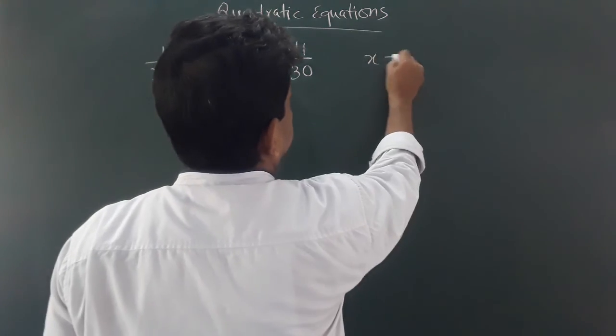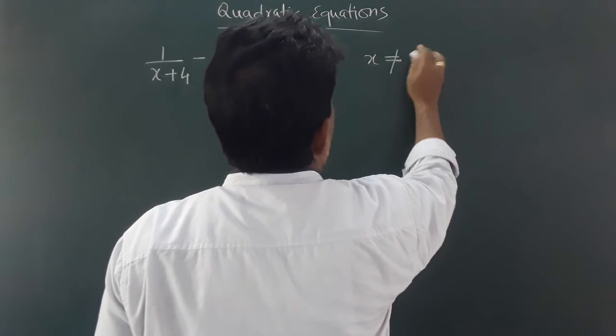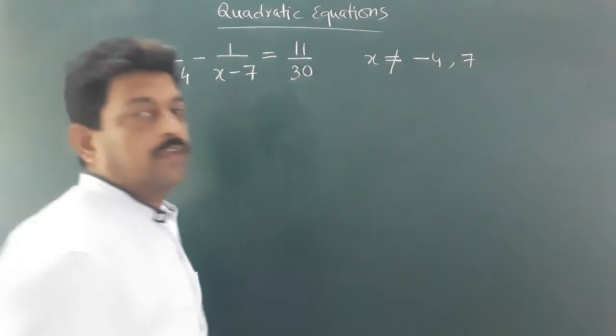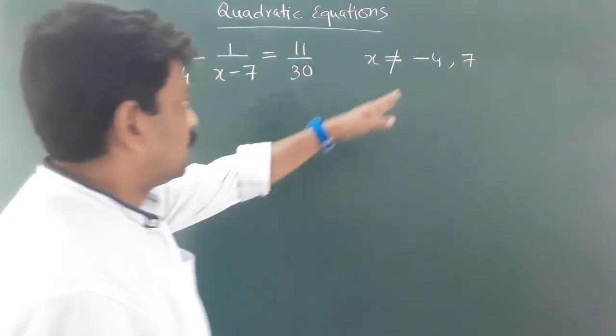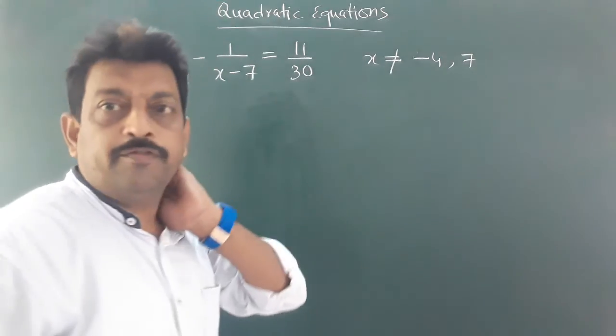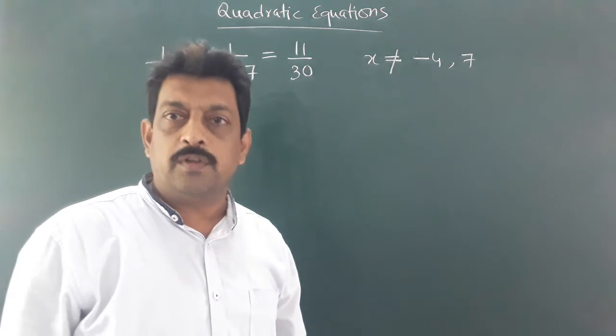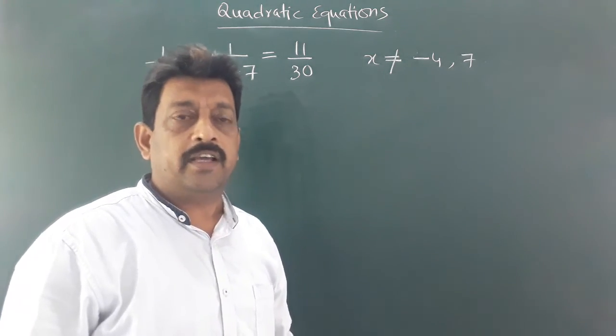Here the condition is x not equal to minus 4 and x not equal to 7. So here we have to find the roots of the quadratic equation. Roots means again we have to solve this and find the values of x.